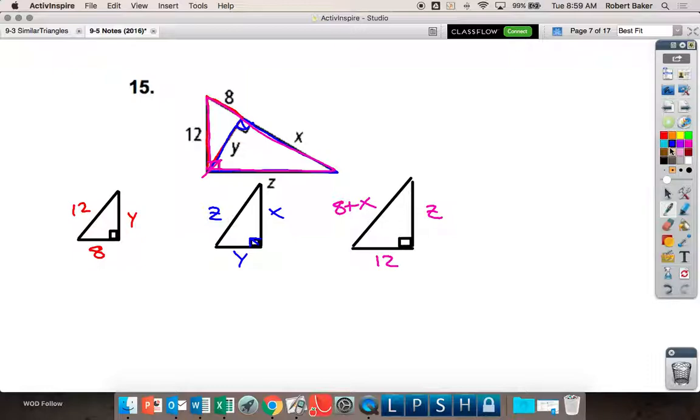So let's try that. We do 8 over 12. So now I have to use the first triangle and the third triangle. Do I want to set up y over z? That's not intelligent. So I'm probably going to want to set up 12 over 8 plus x.